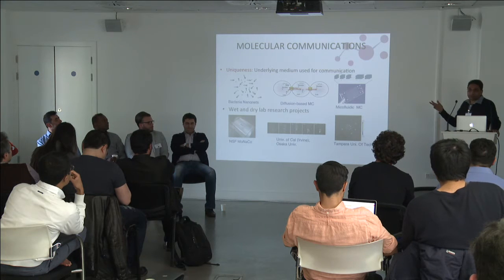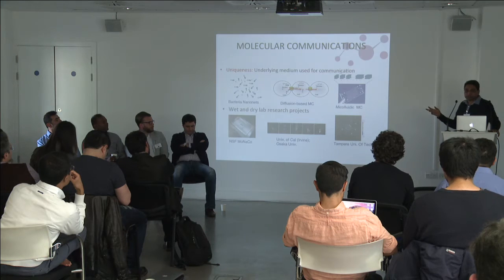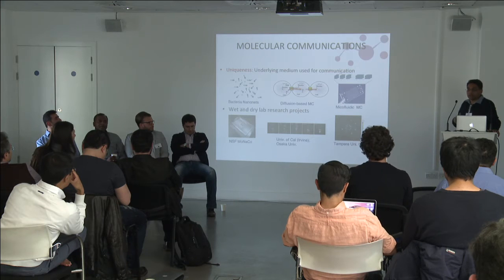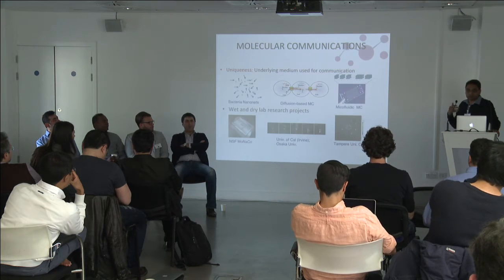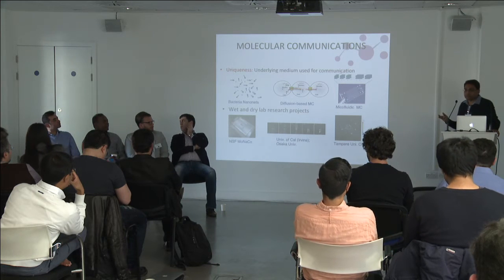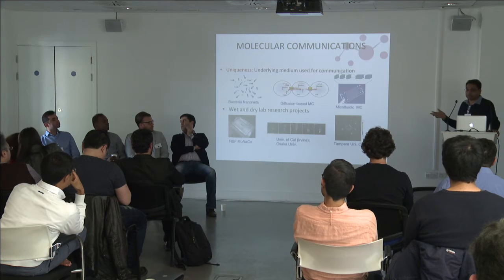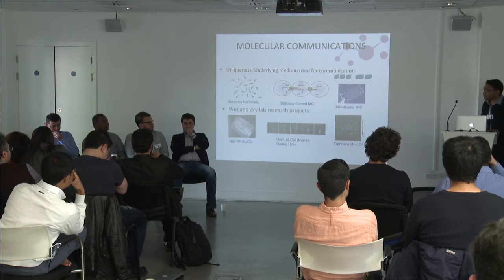I've just put up here a subset of examples, including bacteria nanonetworks. People have been looking not just at diffusion models of bacteria, but even the flagellated movement techniques of bacteria to carry information. Calcium signaling, which is another form of diffusion-based signaling, and the session that just finished on microfluidic systems, looking at communication using fluids.